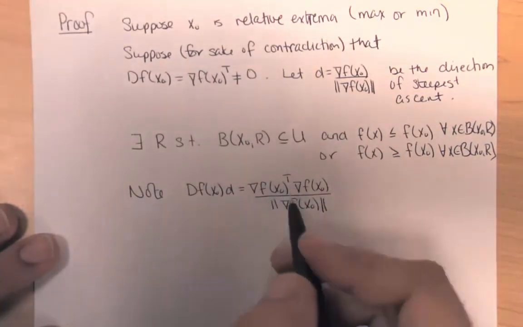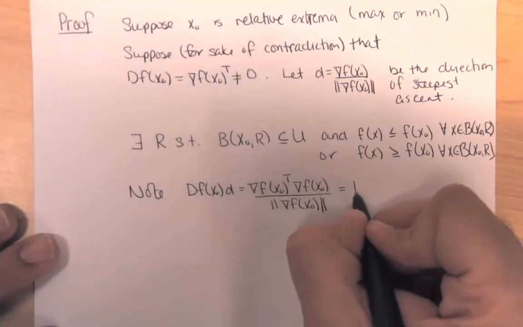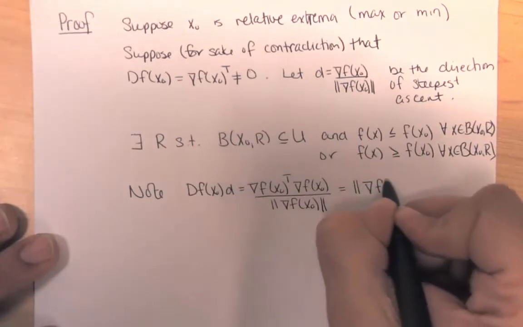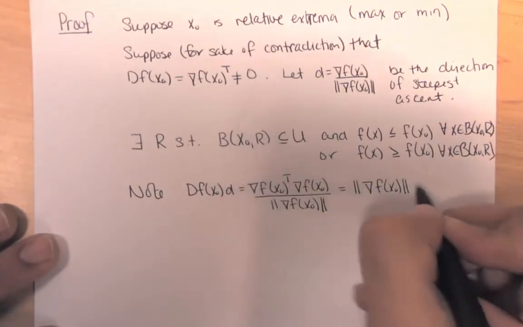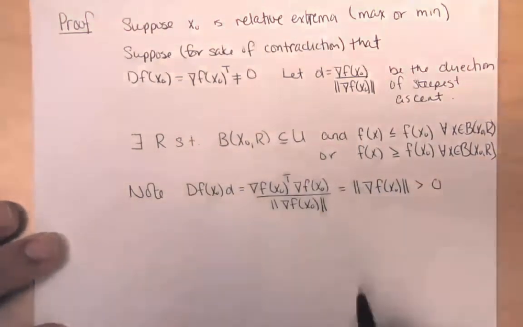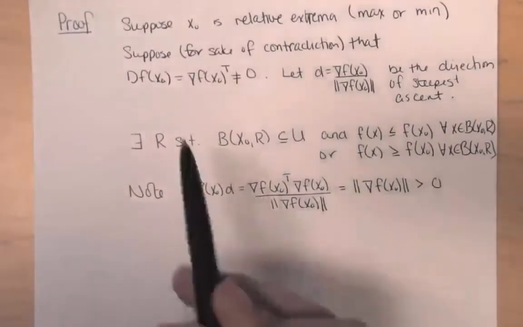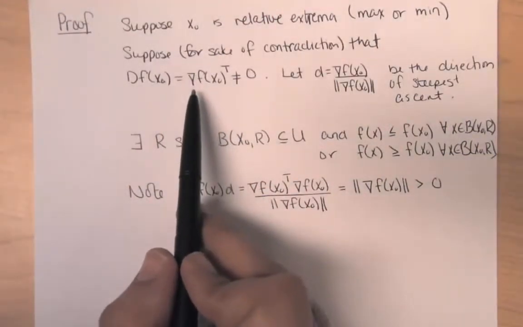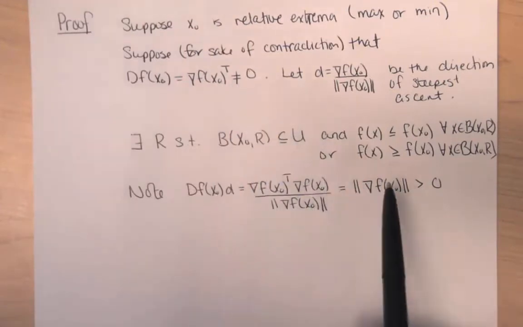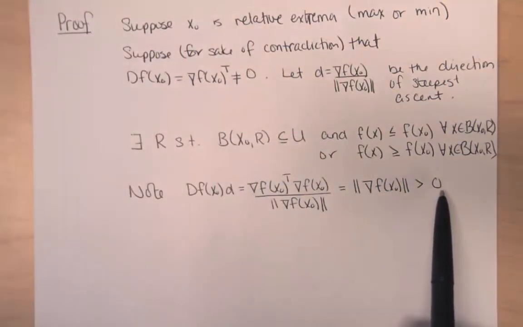And because this is an inner product, it's the norm squared, so I just get the norm of the gradient of f at x naught, which is non-zero, right? We're assuming, again for the sake of contradiction, that this is not zero. So the norm of it is strictly positive.